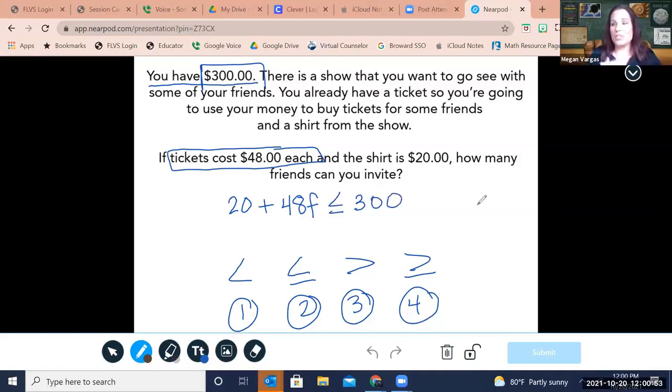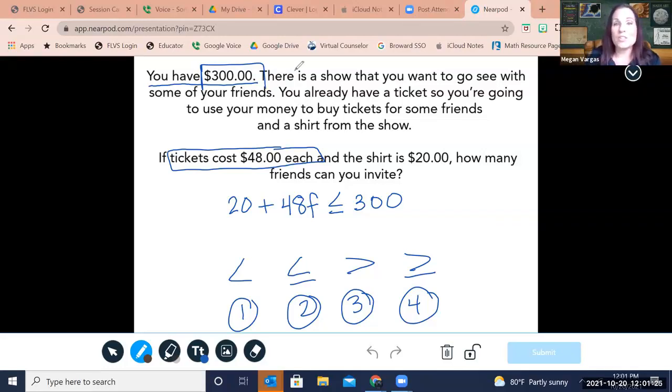The total has to be less than or equal to 300, as long as it doesn't go over. Everyone see why it's less than or equal? Because I could spend up to 300 or some amount less than 300, right?